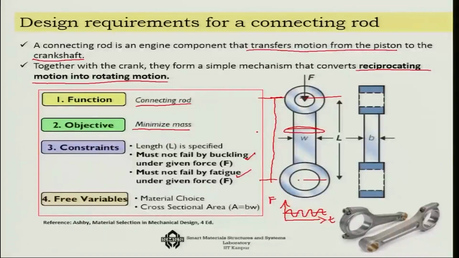Now you may see that the actual connecting rod has a couple of additional things. For example, it is not exactly uniform, and secondly it may also happen that certain masses are scooped out from the system. These are the two strategies that are taken.